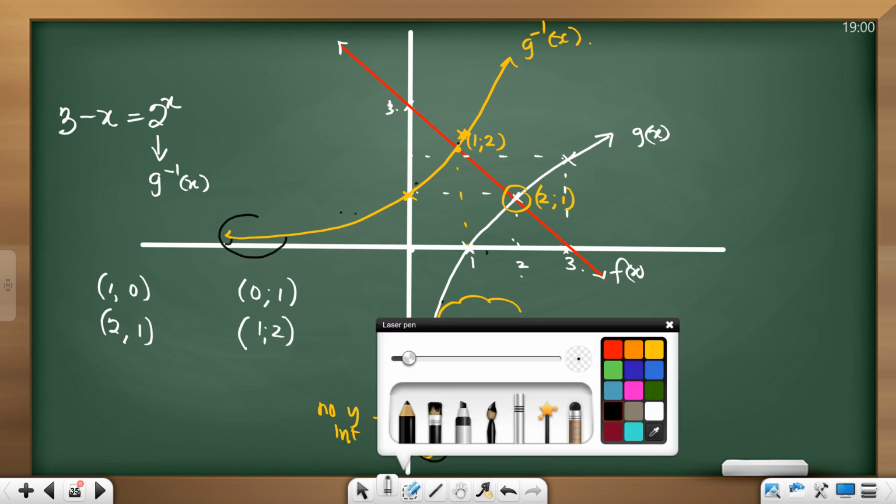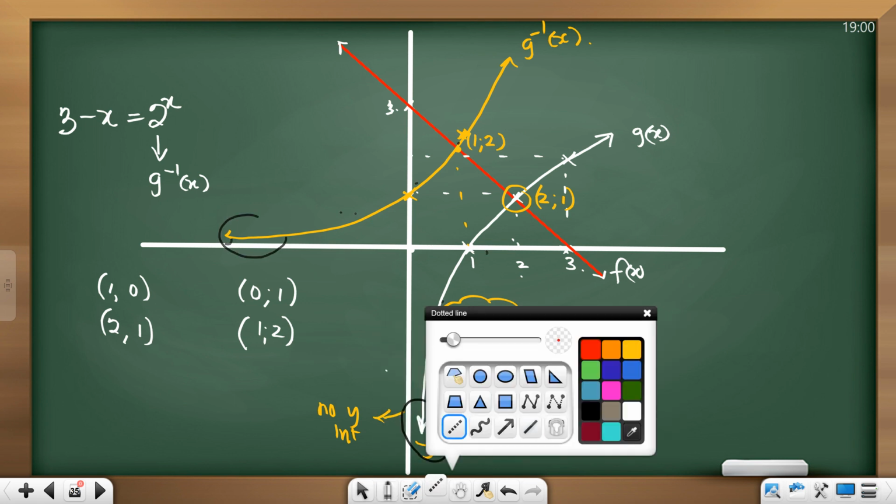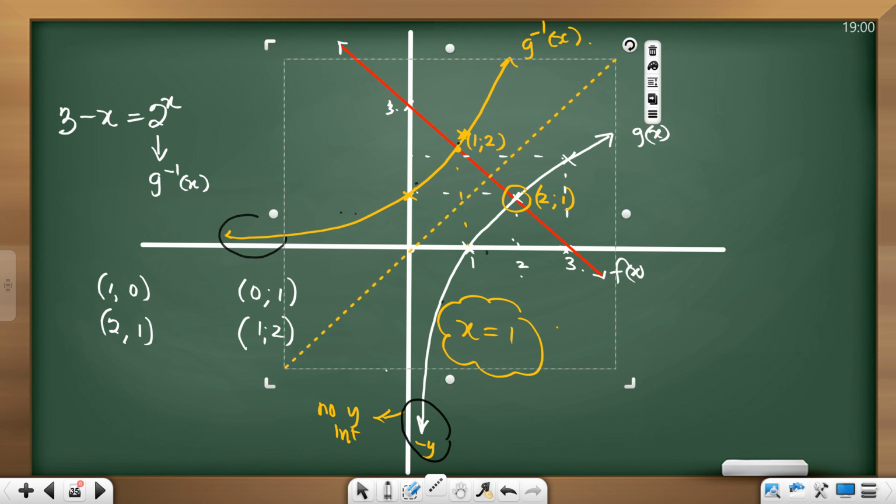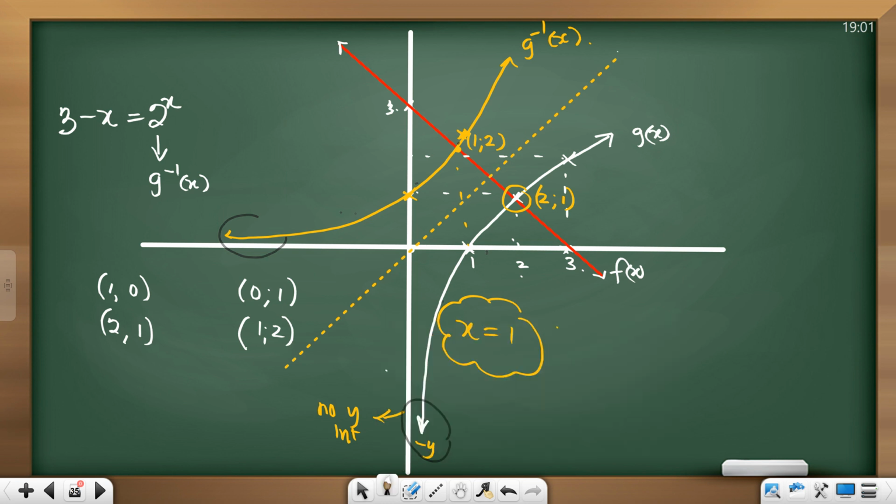And that's why we said the inverse of a function is the reflection along the line y equals x. That's your line. So instead of the examiner saying inverse, they would say that the graph is reflected along the line y equals x.